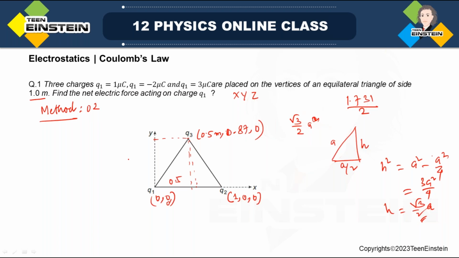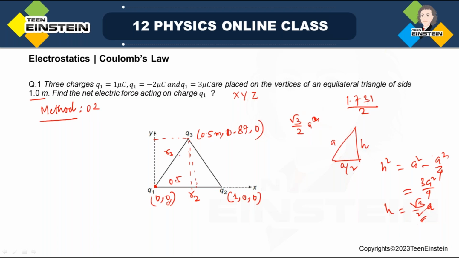Once we have this, we can write down the position vectors as well. The position vector for this particle is r1, which has magnitude 0 obviously. This has position vector r2, and this has position vector r3.